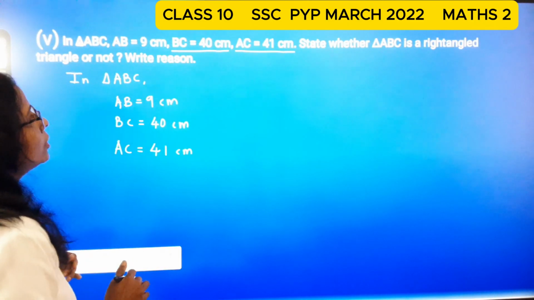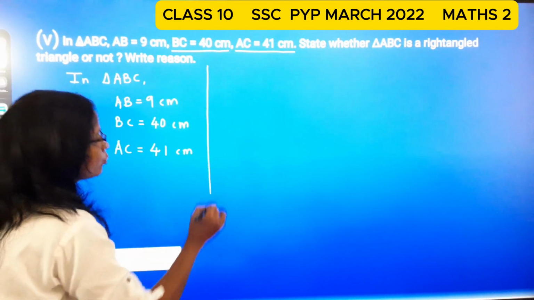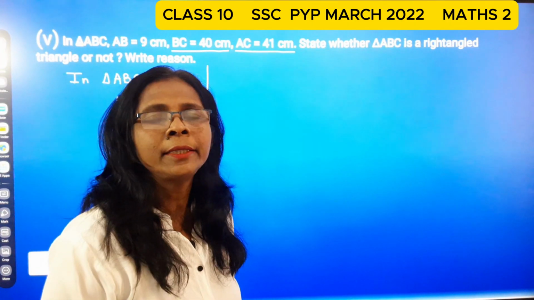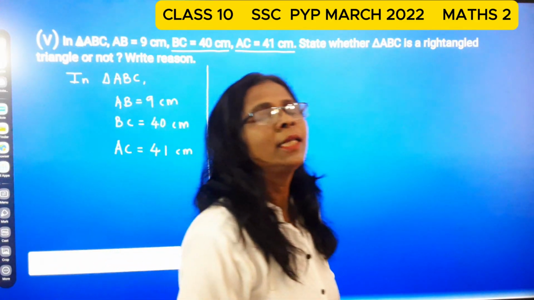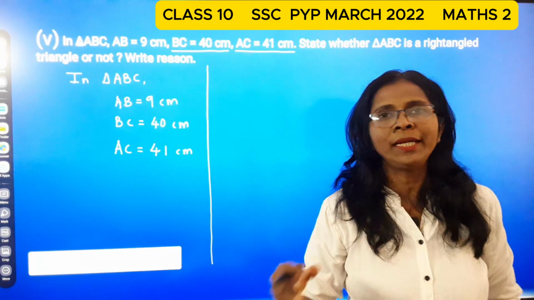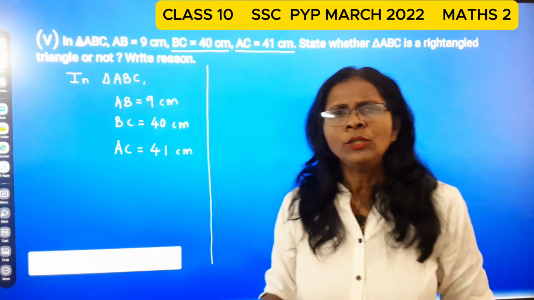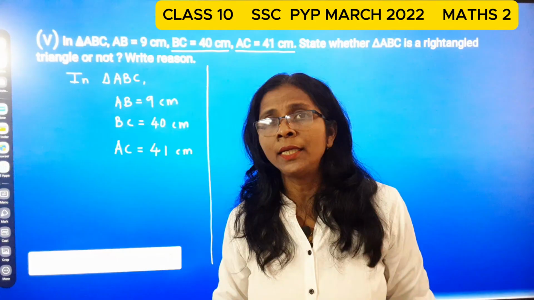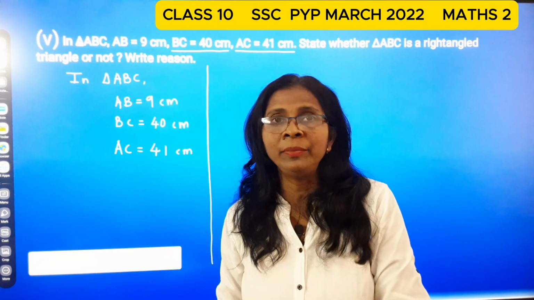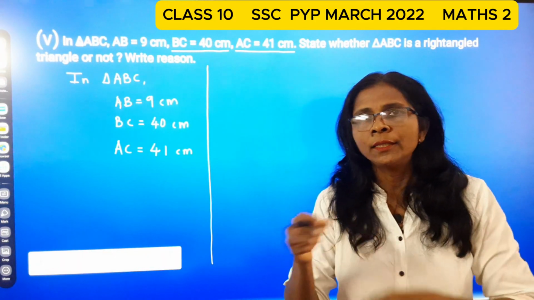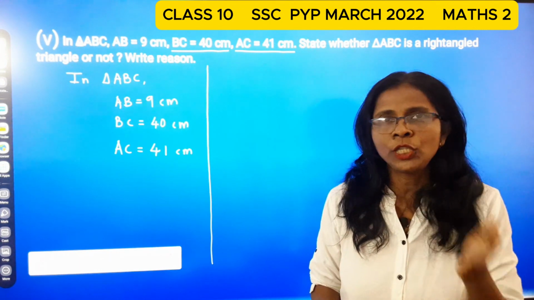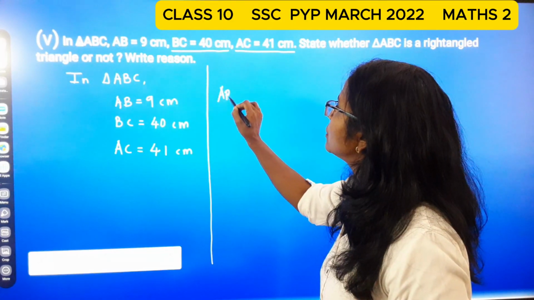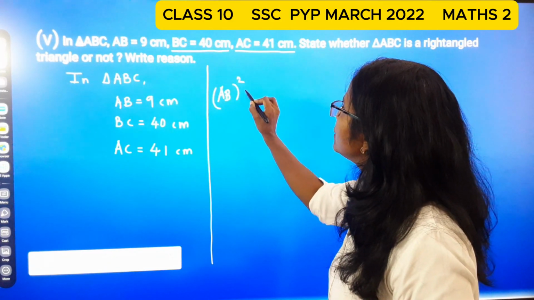Now, students, our formula for the right angle triangle is AB square plus BC square is equal to AC square. The right angle could be at A, at B, or at C, and then this formula would change. So we square these three sides.